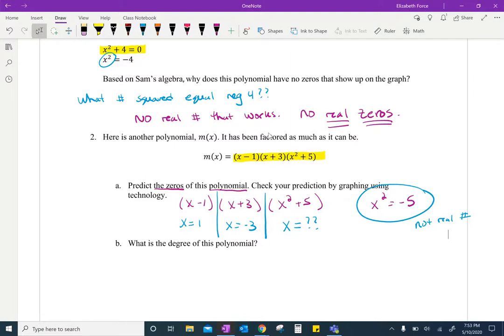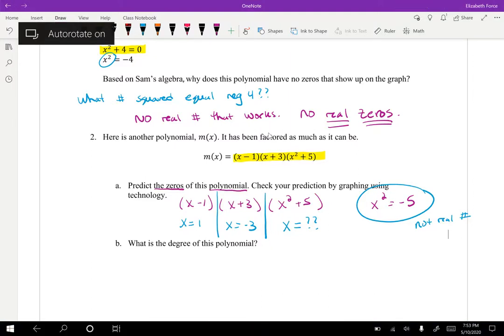Let's go ahead and look at the degree of the polynomial. Remember, to figure out the degree, we're just going to multiply the first term in each of these.